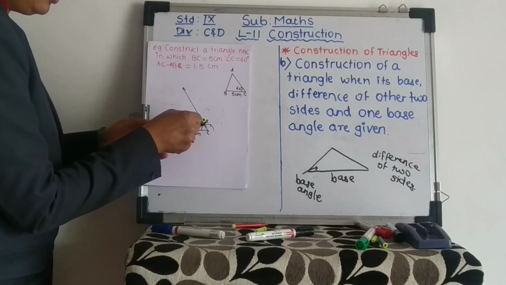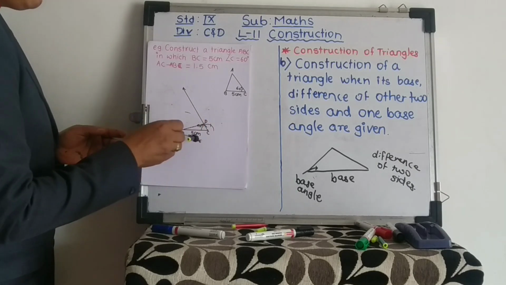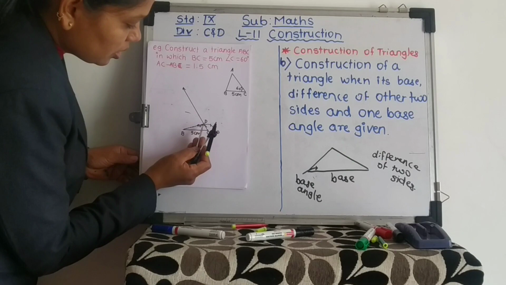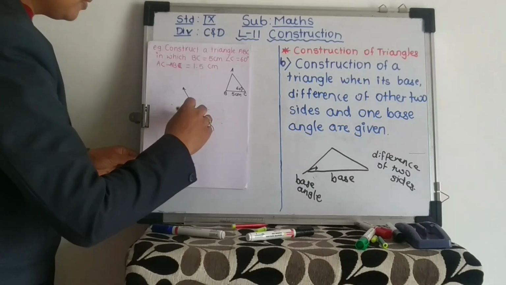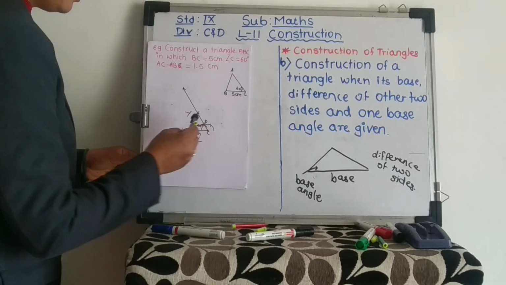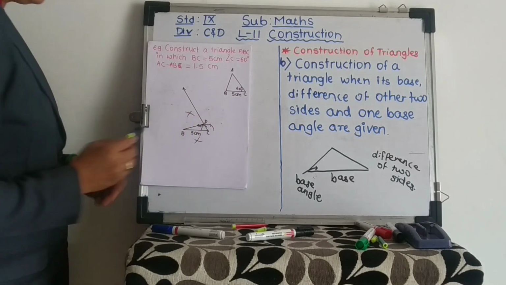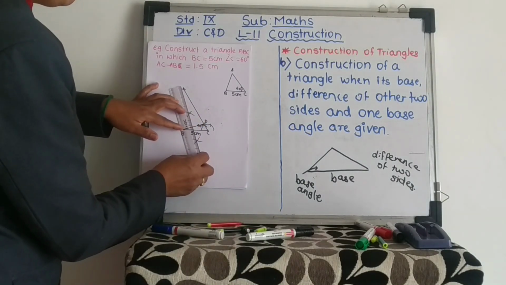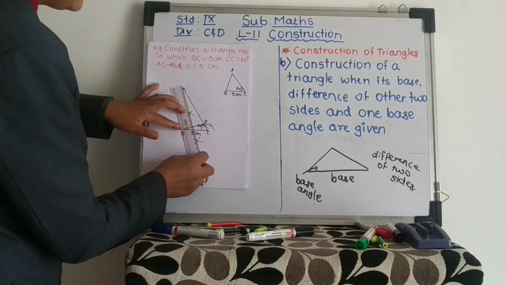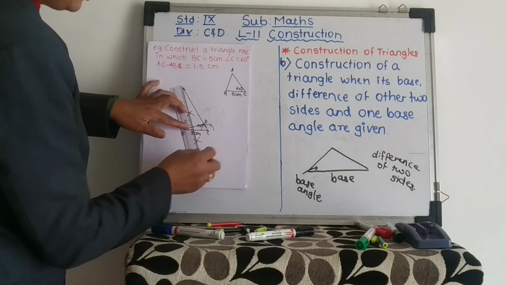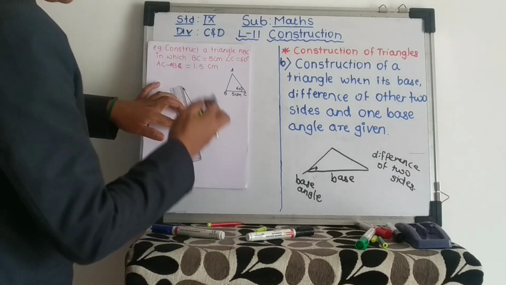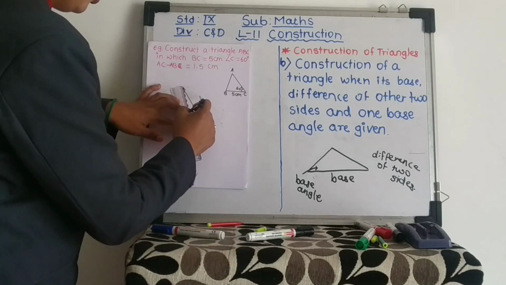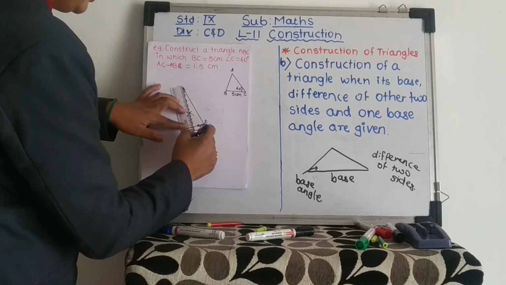We will take a distance in a compass and we will mark arcs on both sides. Now here I'll put... right. This one we will join with the help of a scale. Now listen students, this line we will draw as a dotted line, right?